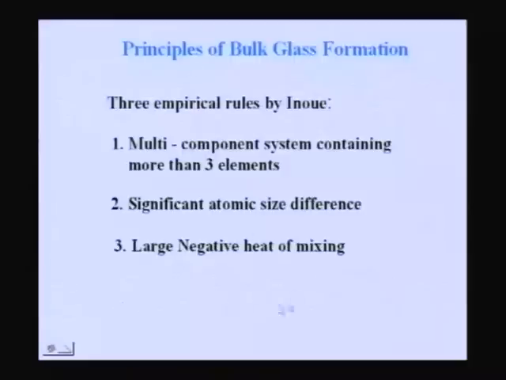And third, it should have a large negative heat of mixing. This is what I told you from the beginning, that if the liquid has a large negative enthalpy of mixing, then it is more stable, and if the liquid is stable, then the glass is stable. Glass is nothing but liquid, only in a solid form, a configurationally frozen liquid. This is what we say.